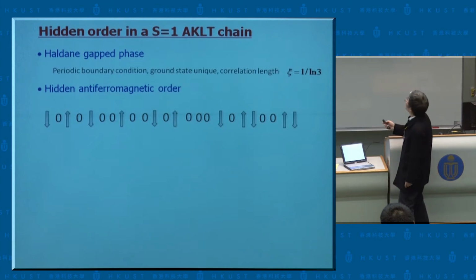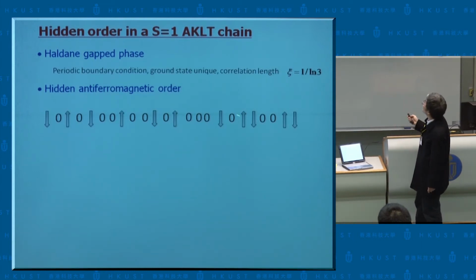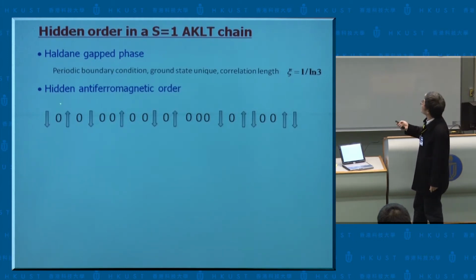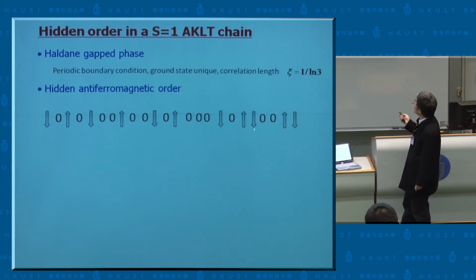However, when people look at the spin configuration in the ground state, you can clearly find there's a hidden antiferromagnetic order in this spin configuration if you don't count the S^z equal to 0 states.